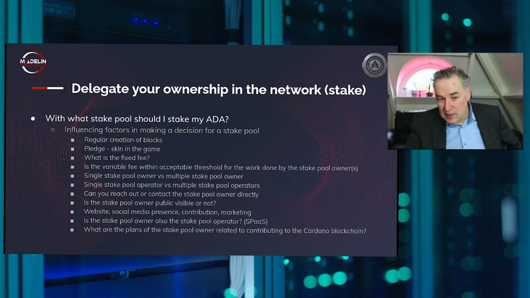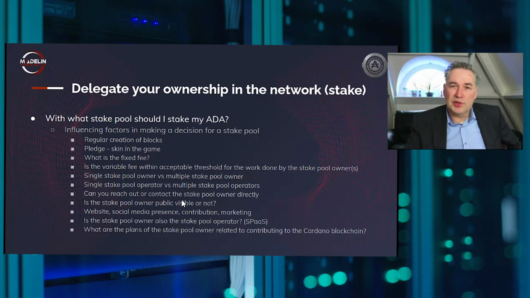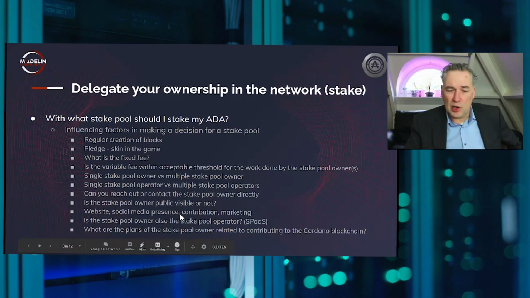Is it a single stake pool owner, or is it a stake pool owner that is running multiple pools? For example, can you reach out and contact the stake pool owner directly? Does it have a presence on social media, a website? Is it contributing? Does it do marketing efforts? Or is the stake pool owner actually running the stake pool, or is he taking it as a service, stake pool as a service?